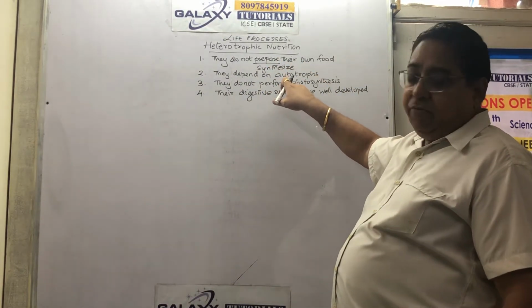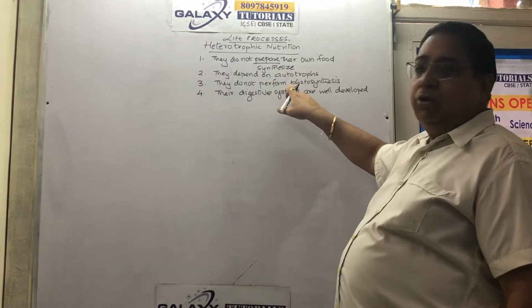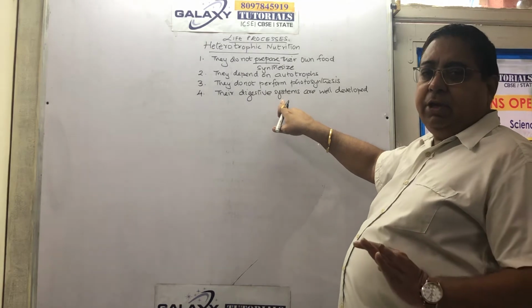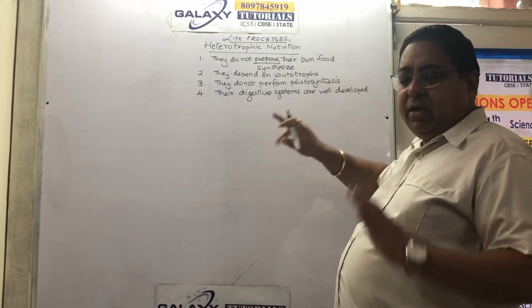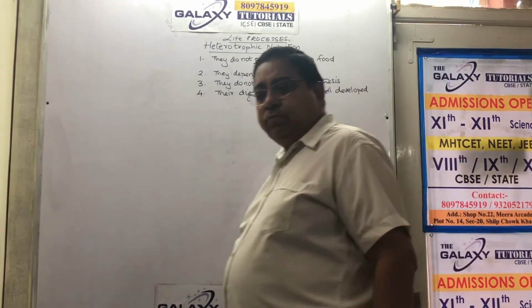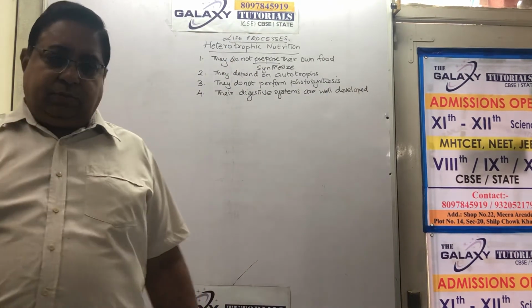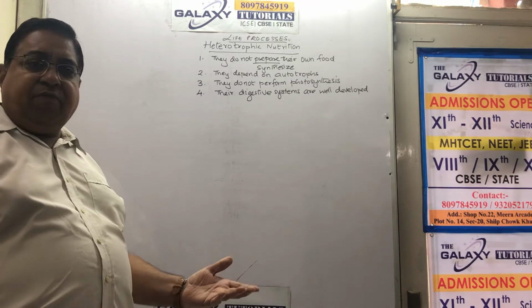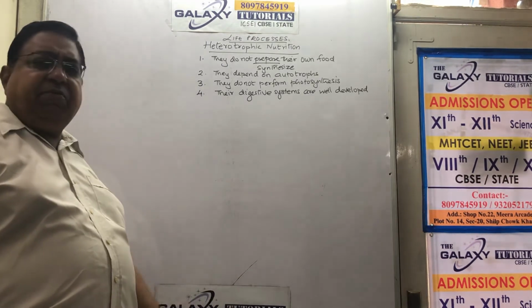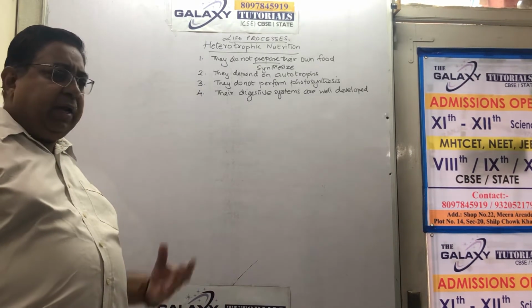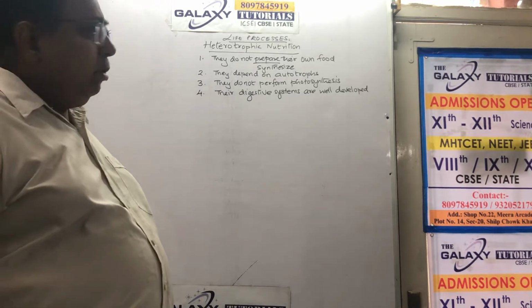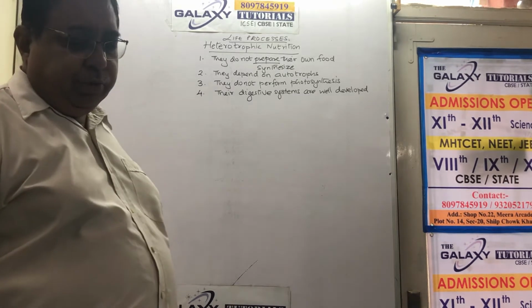Second, they depend on plants. Third, no photosynthesis. Fourth, digestion is extremely good. Enzymes, everything is there. They can break down complex food, so as you can digest starch, cellulose, animals are eating bark of a tree. Various enzymes are very well developed. You are eating an apple, it gets completely digested in our body. So this is heterotrophic nutrition.